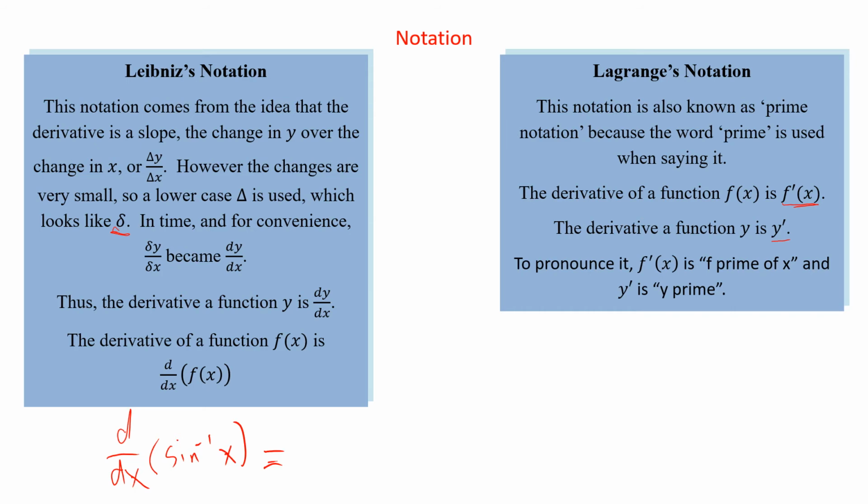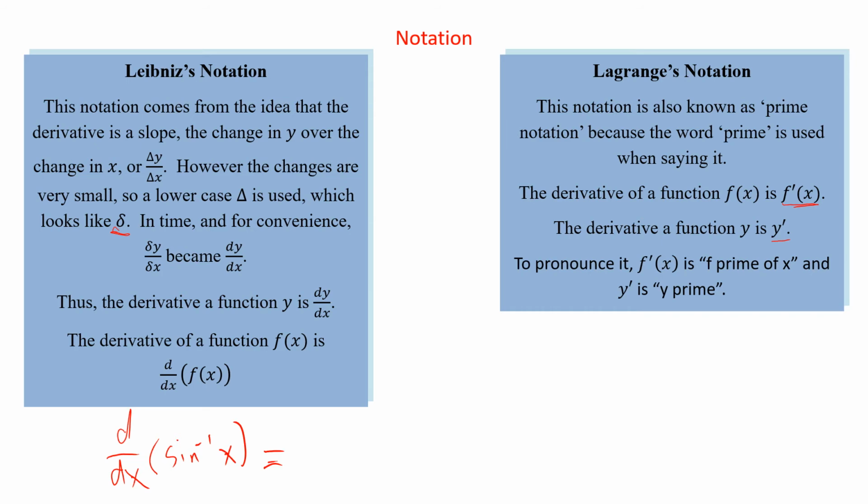And so this one, if we were doing the limit notation, for function f of x, f prime of x equals the limit as h goes to 0 of f of x plus h minus f of x over h.